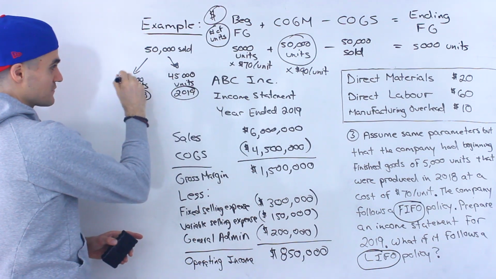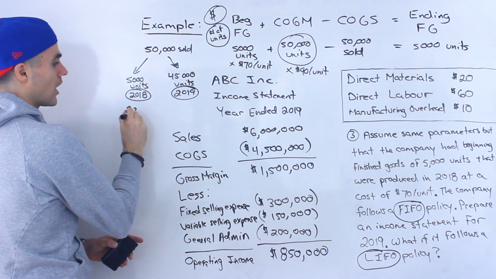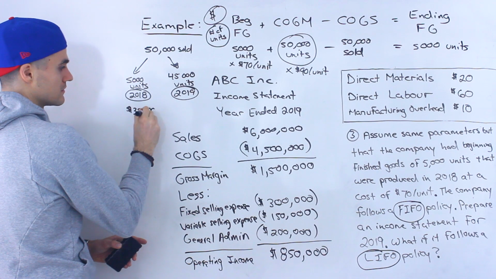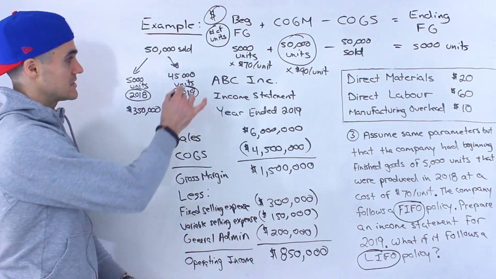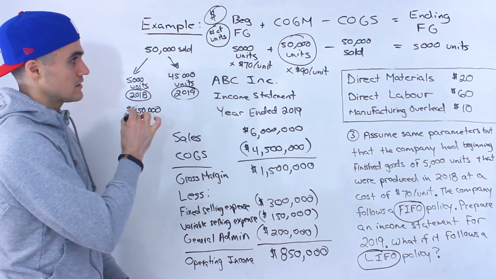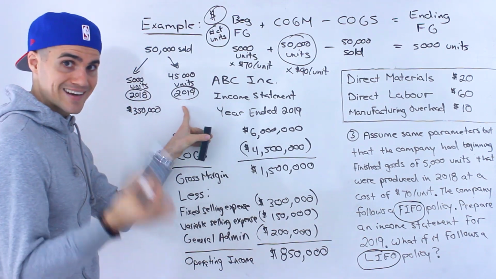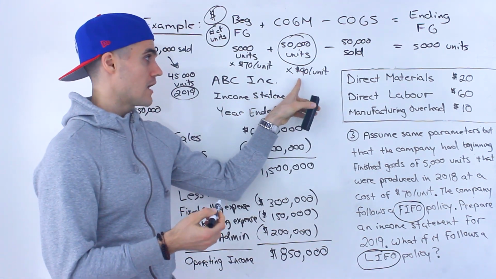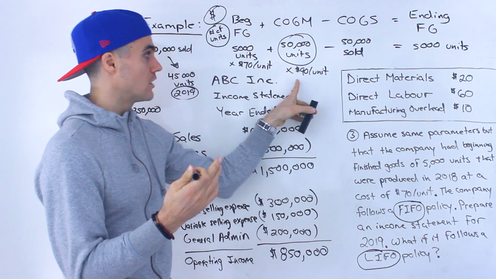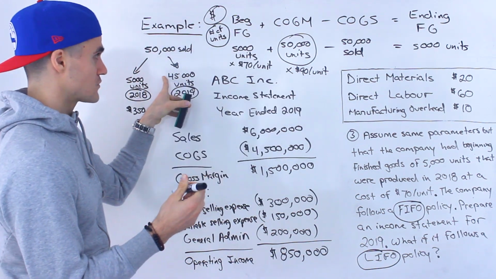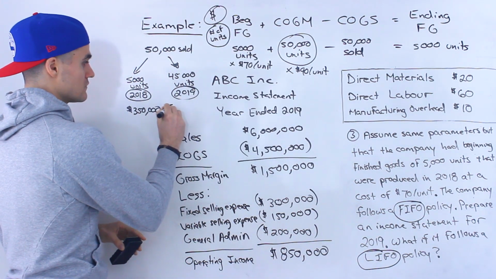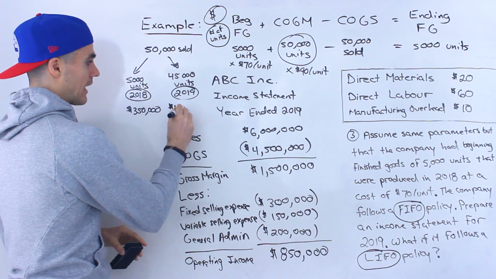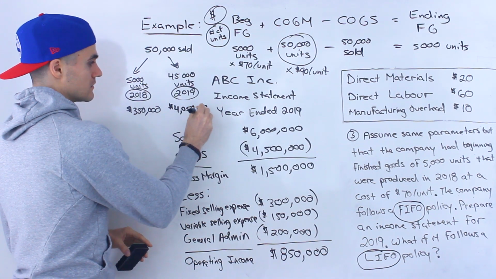So 70 times 5,000 gives us 350,000. And then what happens is these 45,000 units, these are the 2019 units, so they have a product cost per unit of $90. So we'll have 90 times 45,000, which gives us 4,050,000, like that.